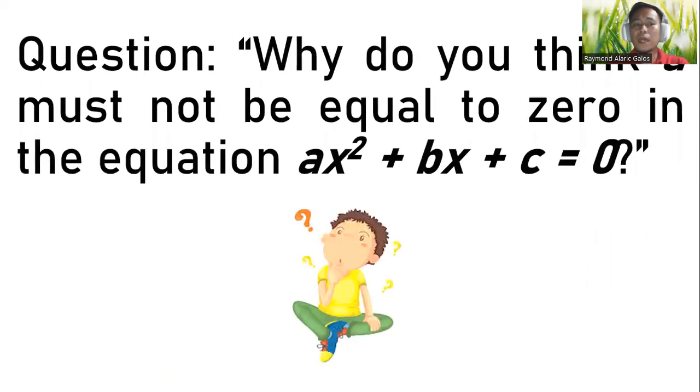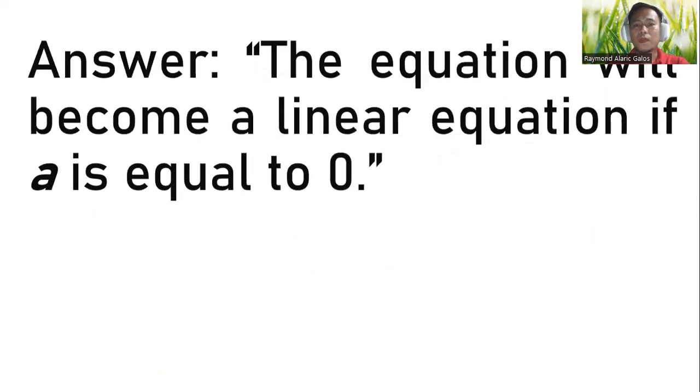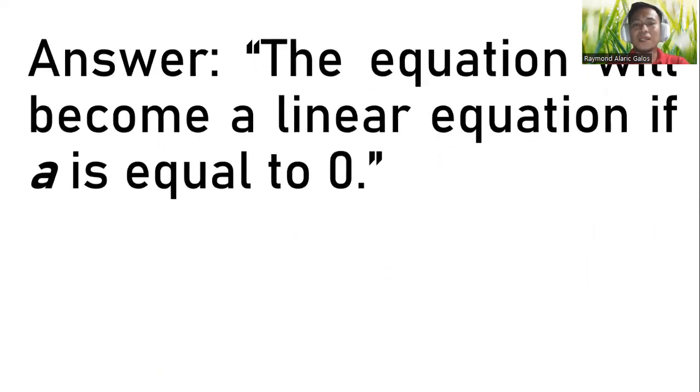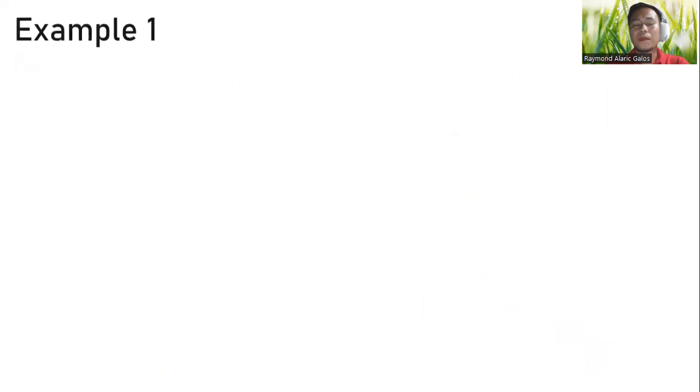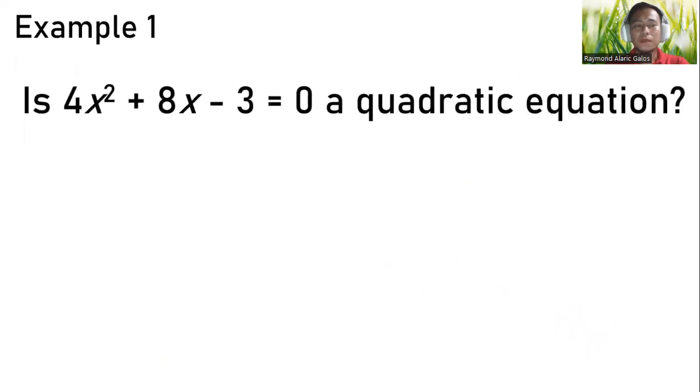Why do you think a must not be equal to 0 in the equation ax squared plus bx plus c is equal to 0? The equation will become a linear equation if a is equal to 0. Example 1. Is 4x squared plus 8x minus 3 equal to 0 a quadratic equation?